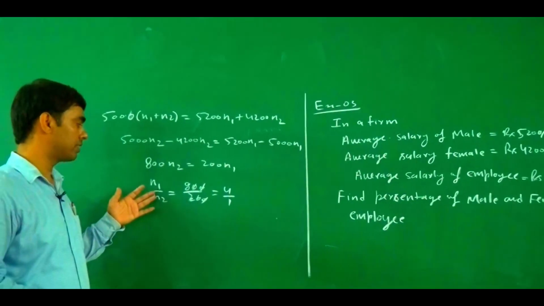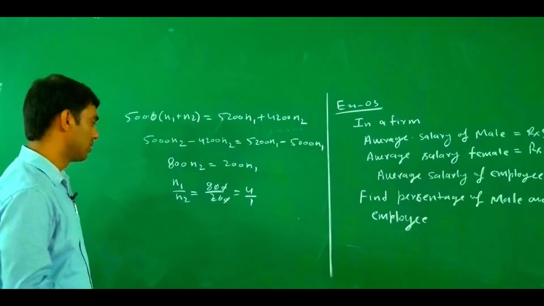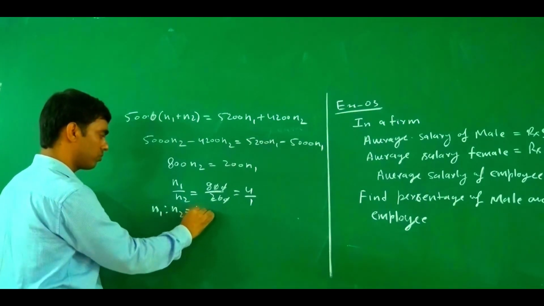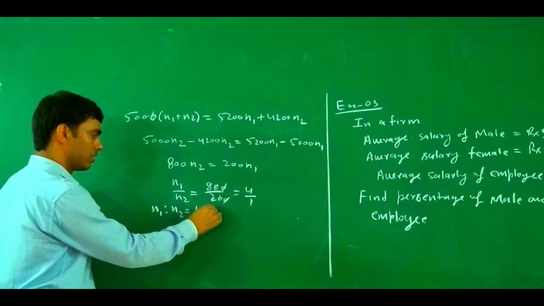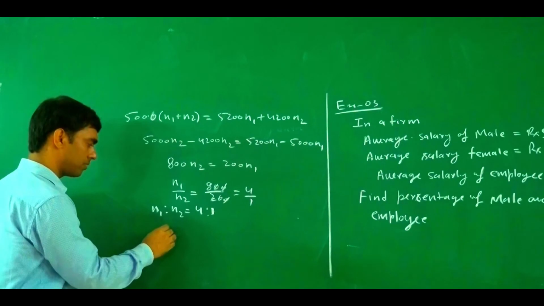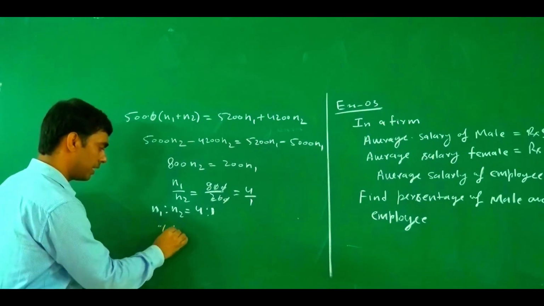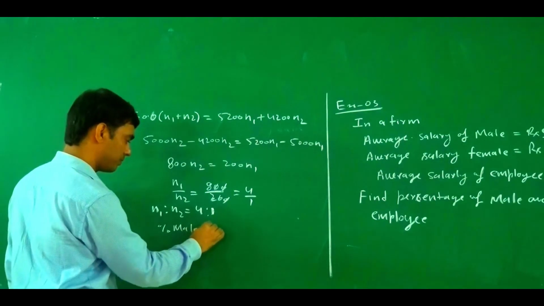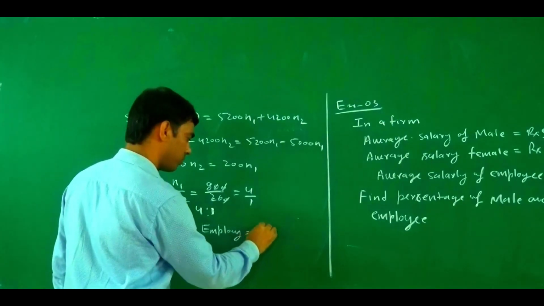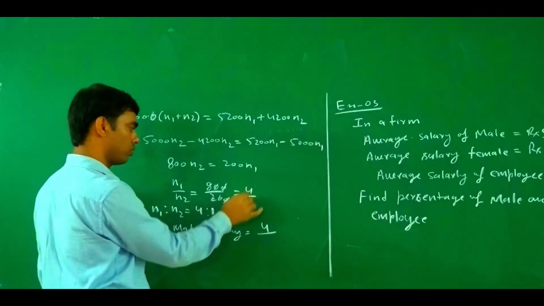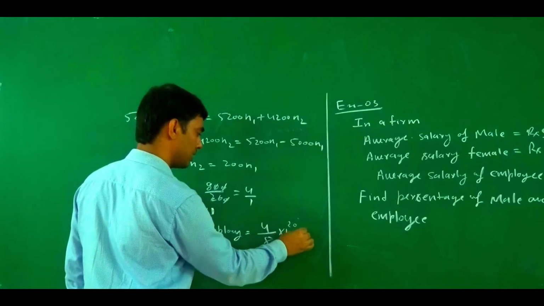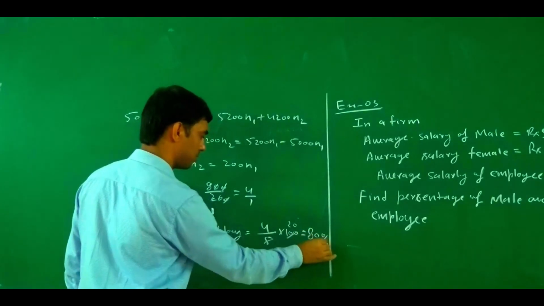So how do we find the percentage of employees in the firm? You may also write this as n1 ratio n2 equals 4 ratio 1. So what is the percentage of male employees? 4 divided by 4 plus 1, which is 5, into 100. This equals 80%.